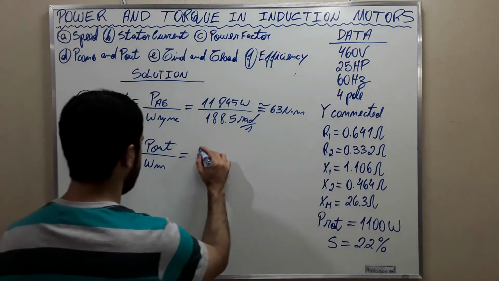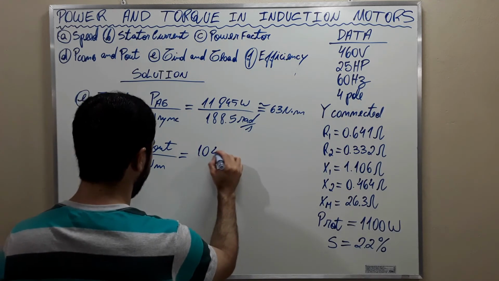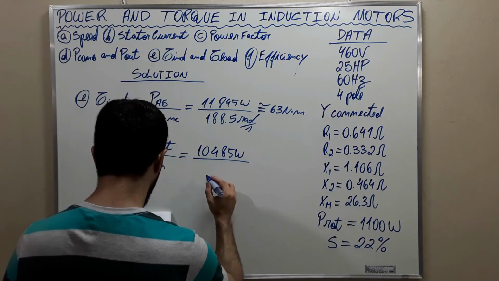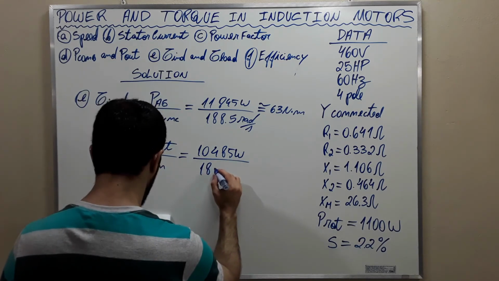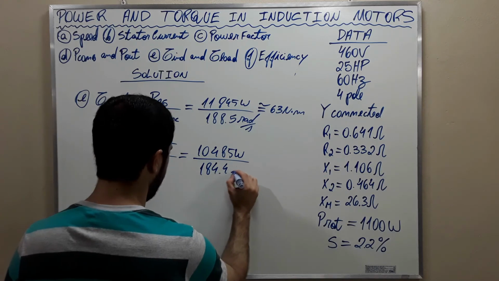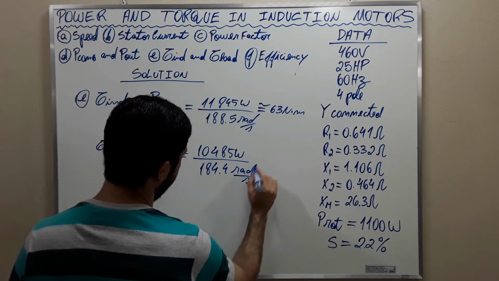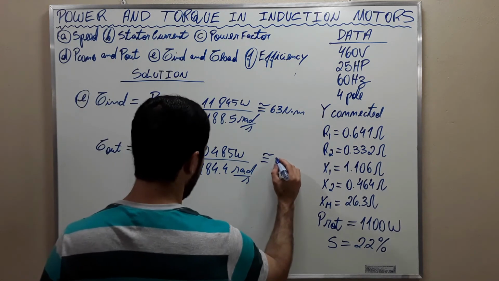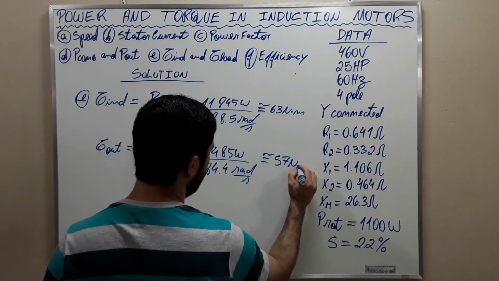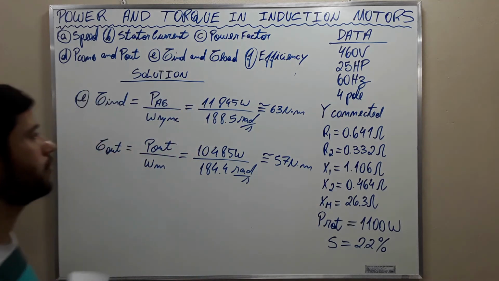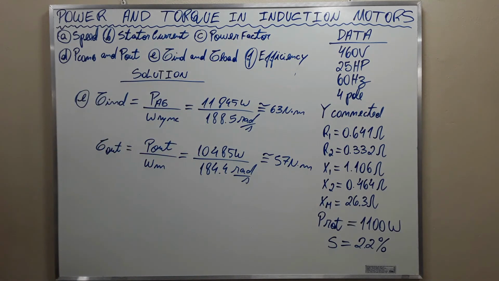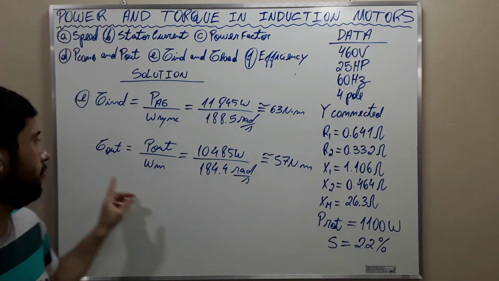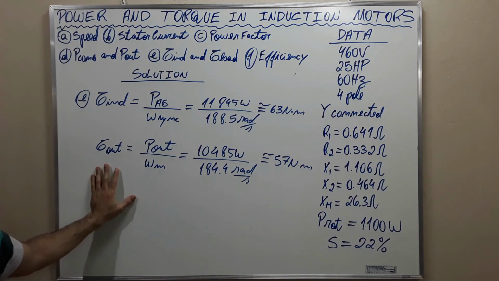It's 10,485 watts divided by 184.4 radians per second, which is approximately 57 Newton meters.